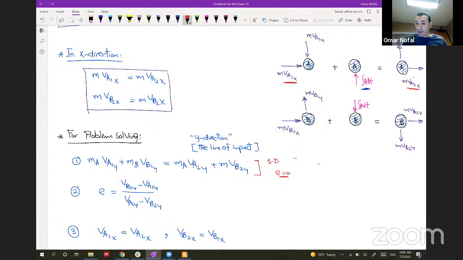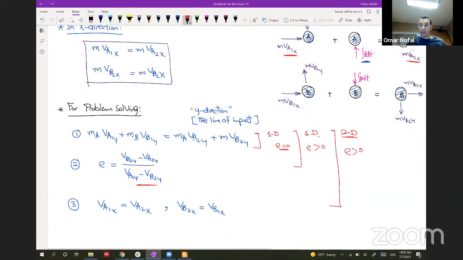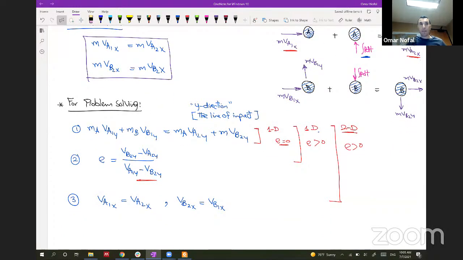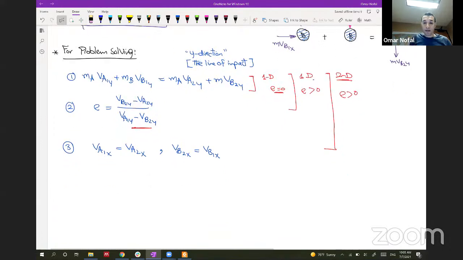But if your problem is 1D and you have E more than 0, you will need to use this equation. And if you are talking about 2D impact, and E is more than 0, you will have to use all these 4 equations. So let's apply this on an example and see how we can apply these equations.